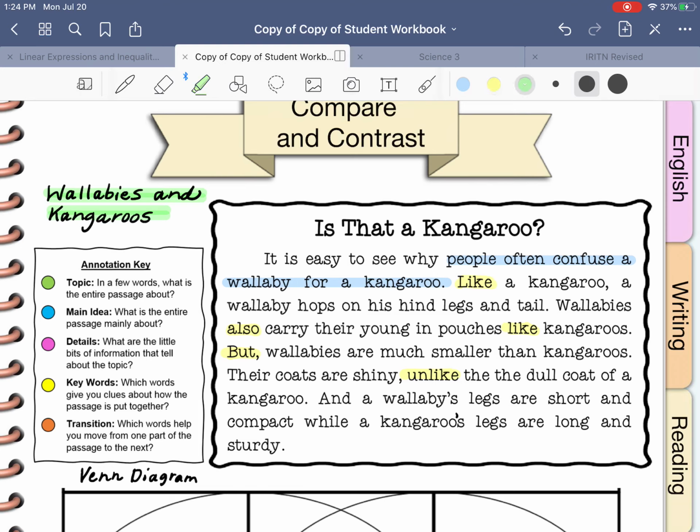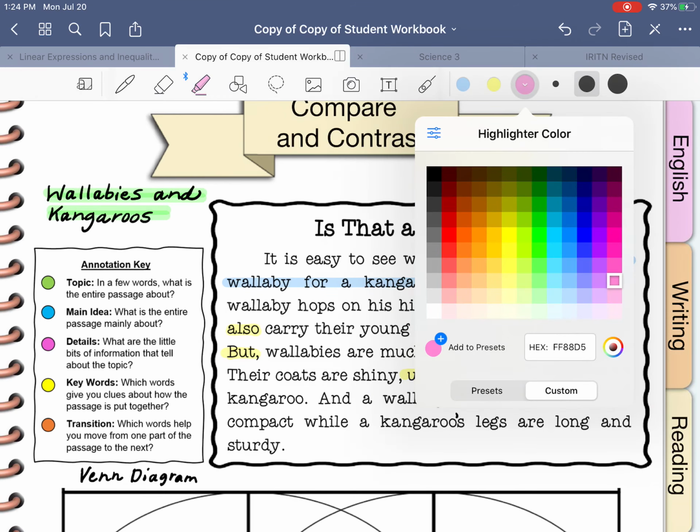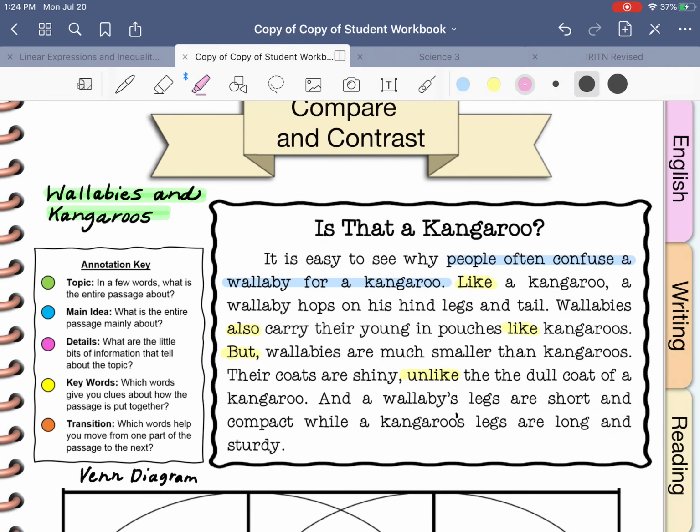And then I need to find the details. Like a kangaroo, a wallaby hops on his hind legs and tail. That's a like. Wallabies also carry their young in pouches. But wallabies are much smaller than kangaroos.